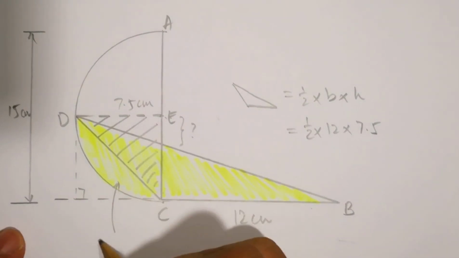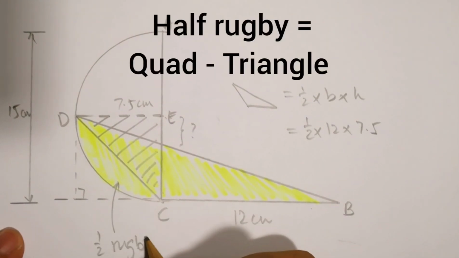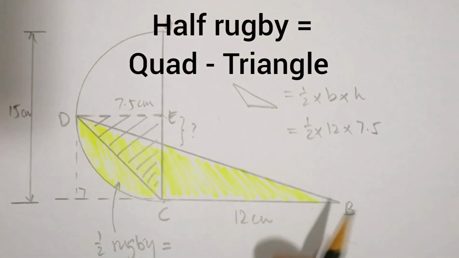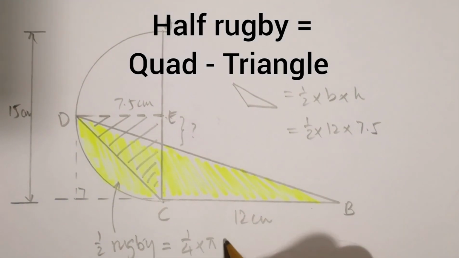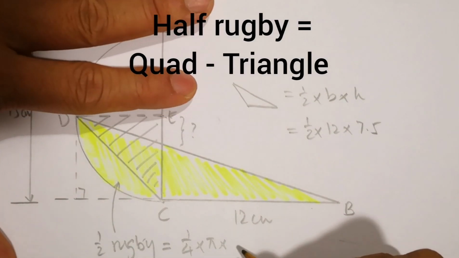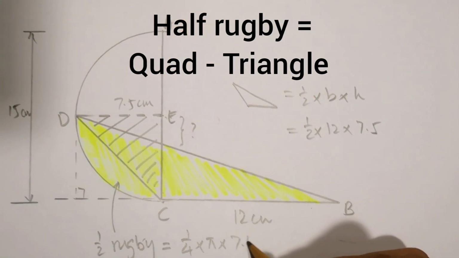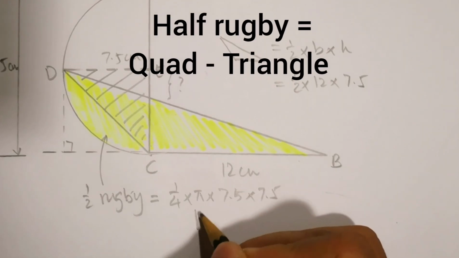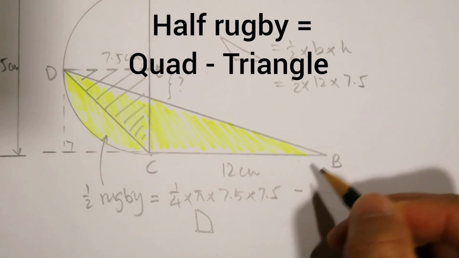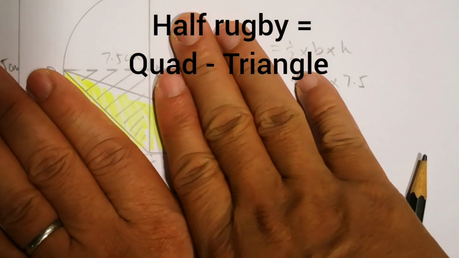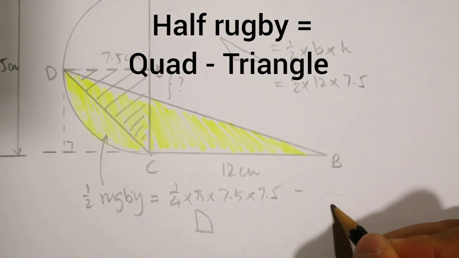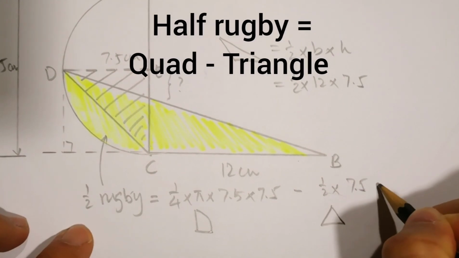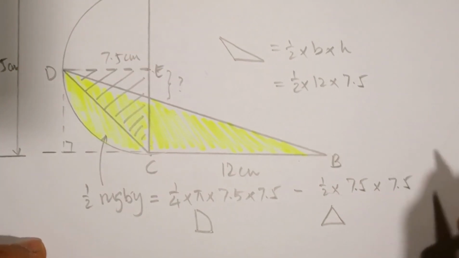So this half rugby here will be equal to this quadrant, 1/4 times pi times the radius, 7.5, the quadrant, minus away this triangle, which is half times the base 7.5 times the height 7.5.